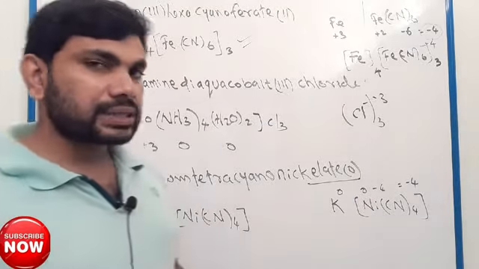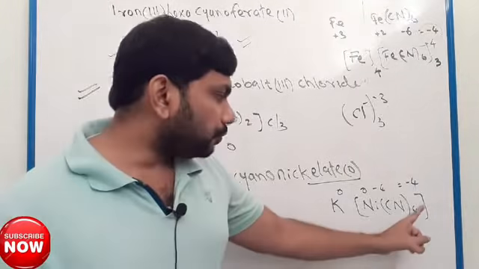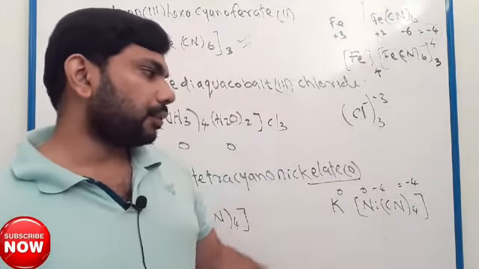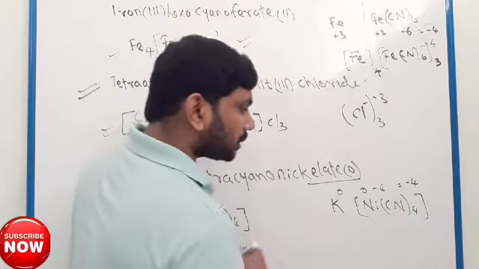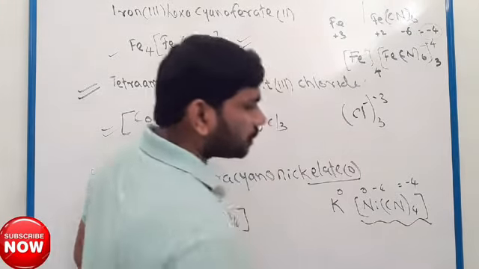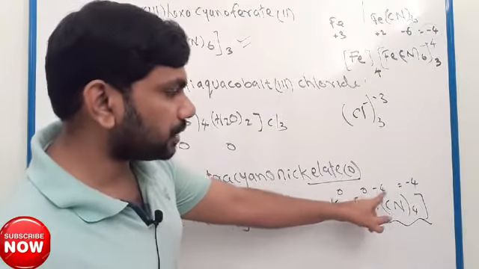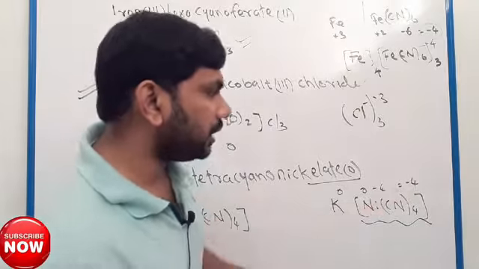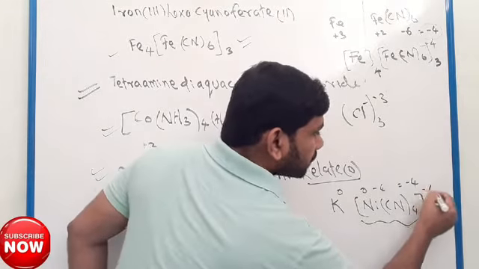CN, I told you before, CN is -1, 4 CN, so -4. So the overall charge of this part, here 0, here -1, so overall it will be -4.